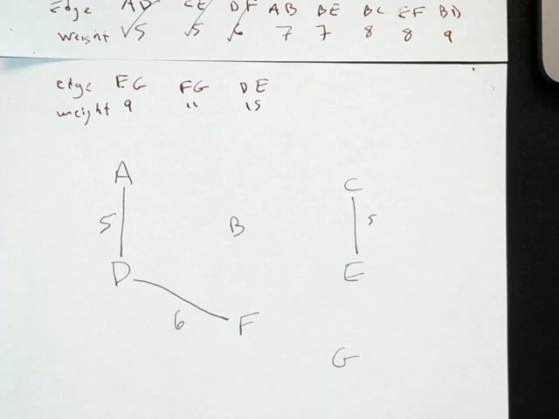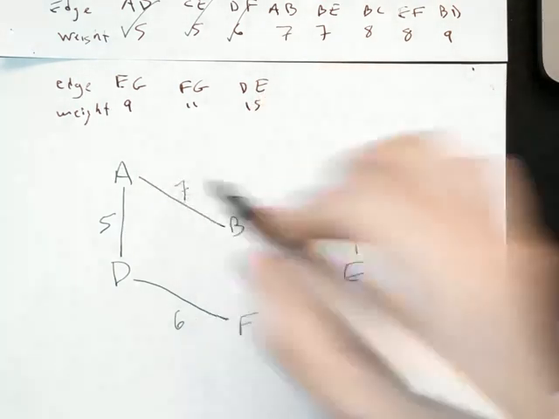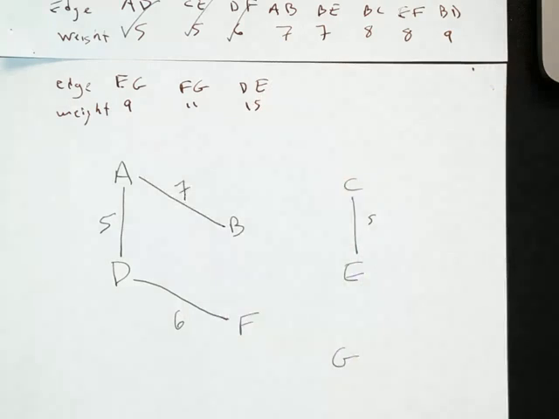I probably should check that first, because if I make a cycle, I don't want to add that edge, right? I need to redo the order in which I'm doing this. What is my next edge to add? AB. Because I didn't make a cycle, I can do that.